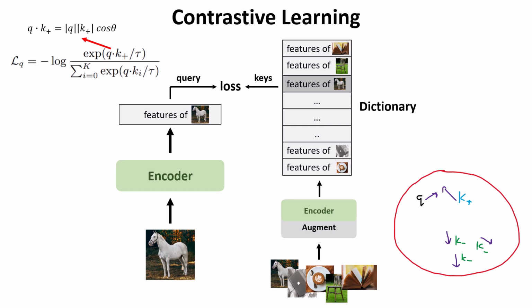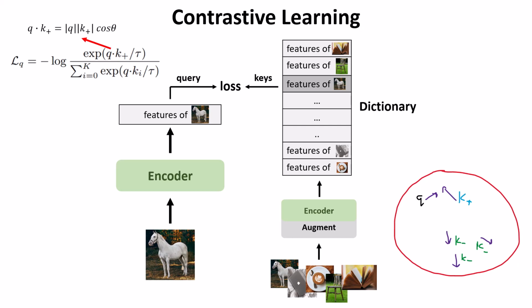Hope it all makes sense, because now I'd like to talk about when this momentum contrast shows up. Well, the thing is, if I have a larger dictionary here, that means I have more negative samples. So I have to push more negative keys away from this query. But as I increase the dictionary, the likelihood of a similar image to our horse image appearing is higher, right?